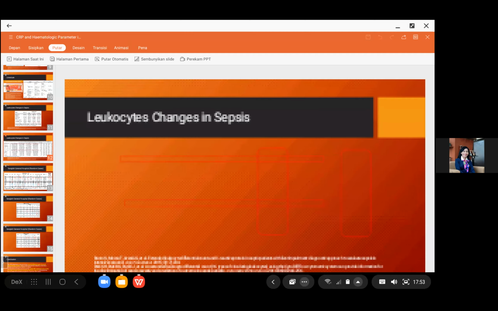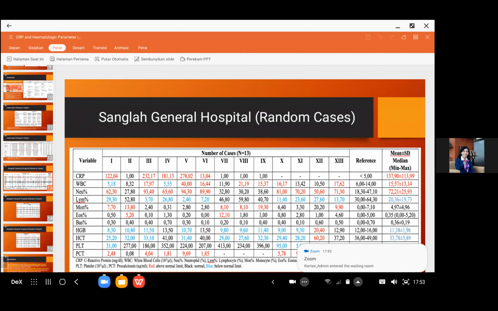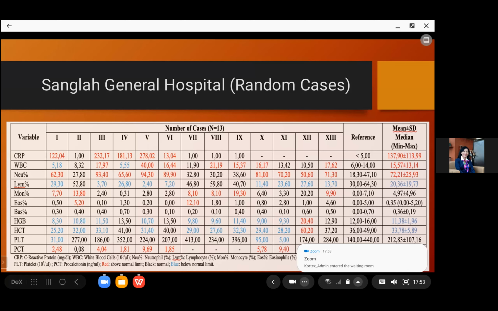And I will talk about our hospital, where we took 13 cases of sepsis patients at Sangla Hospital, and we looked at the results of CRP and its hematological parameters.